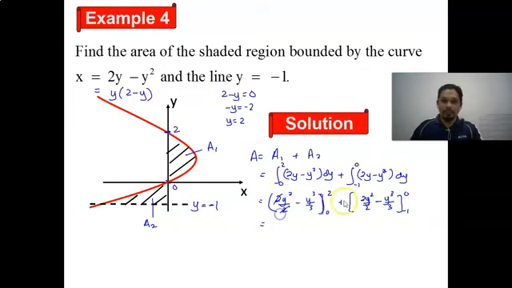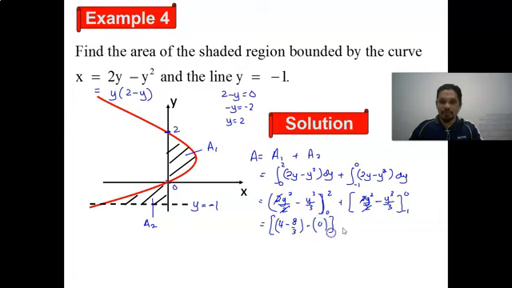2 divided by 2, 2 divided by 2. Substitute y here with 2 first. 2 square equals 4, minus 2 cube equals 8/3, minus, and substituting with 0 here, everything is 0.